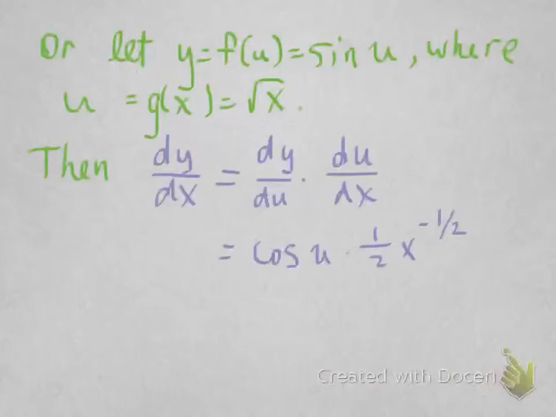So dy du is cosine u, times du dx, which is 1/2 x to the negative 1/2. But I want to write this all in terms of x, so I use my substitution, the fact that u equals the square root of x, and I get cosine square root of x times 1/2 x to the negative 1/2. So that's another way to think about the chain rule and use it to compute the derivative of f of g of x.